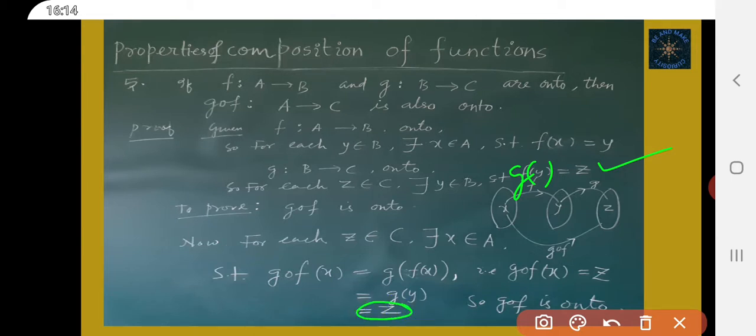So you have g of f of x, gof of x is equal to z. So the function gof is onto. The composition of two functions f and g is also onto.